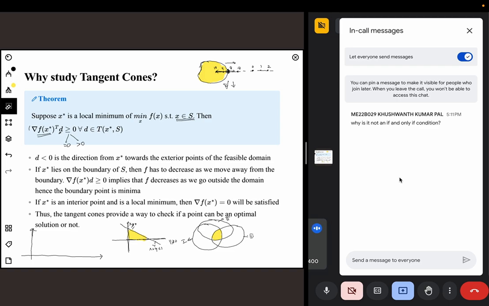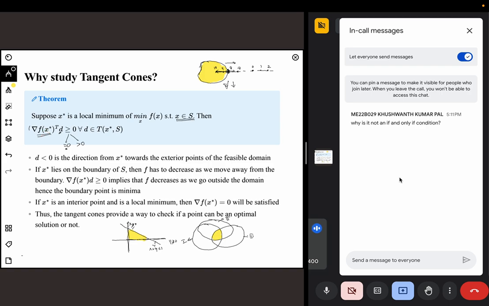Let's put it this way. You wanted this condition to be satisfied. Let's say you have the gradient of f times t greater than or equal to 0. Let's just take the one case equal to 0. If that is equal to 0 for any interior point, grad f equals 0.